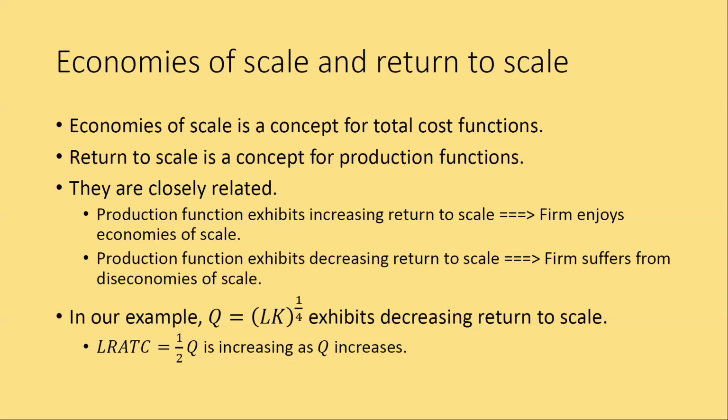So because this production function exhibits decreasing return to scale, we can look at the long-run total cost curve we derived and the long-run average total cost curve that we derived. The long-run ATC is Q divided by 2, and we can see that this is increasing in Q as Q becomes larger. So the long-run ATC is increasing in Q, meaning that the firm suffers from diseconomies of scale. And that is because the production function exhibits decreasing return to scale.